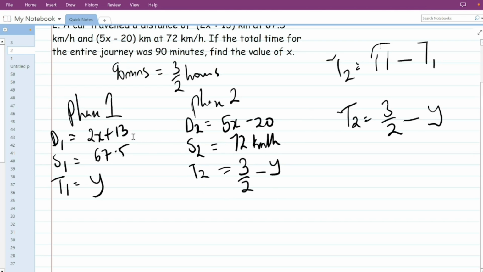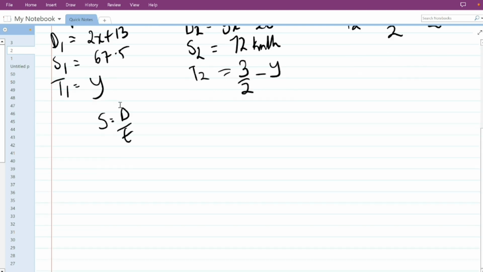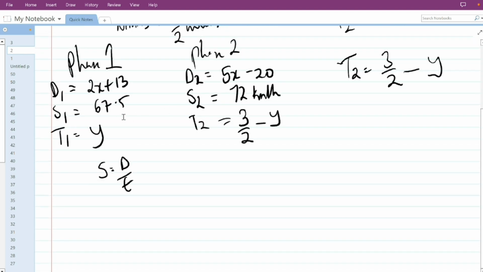Solving the question in this format means we'll be solving a kind of simultaneous equation. With this, we now go to our speed is distance over time for the two phases of the journey. On this side, we have our S1 equals D1 over T1, and on the other side, phase 2, we have S2 equals D2 over T2.